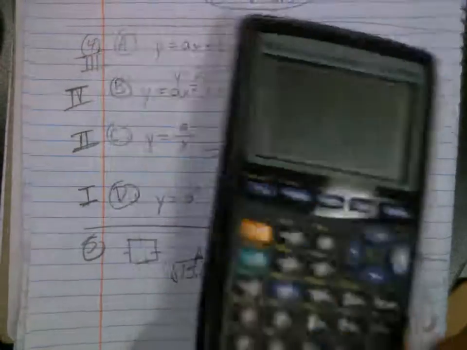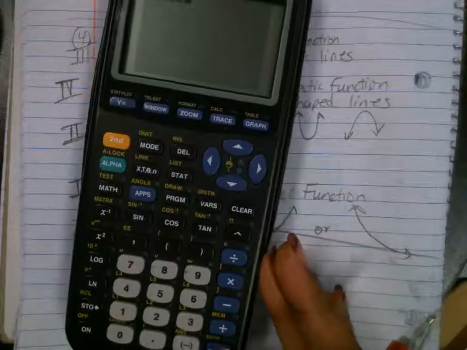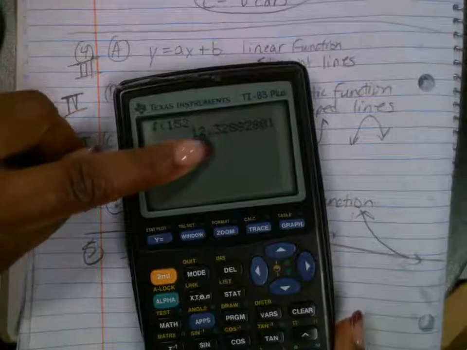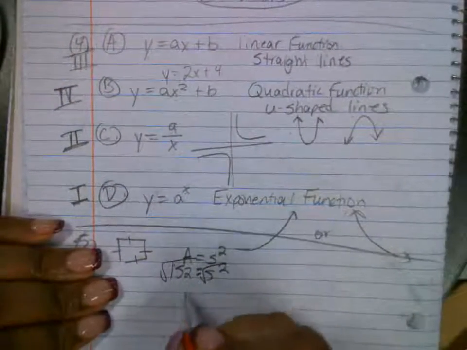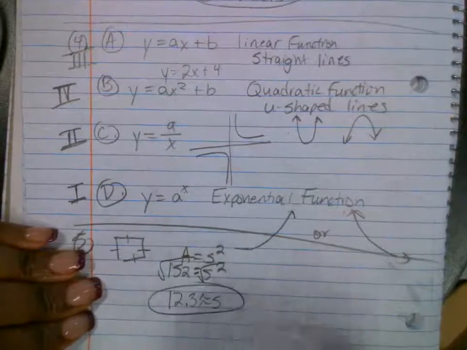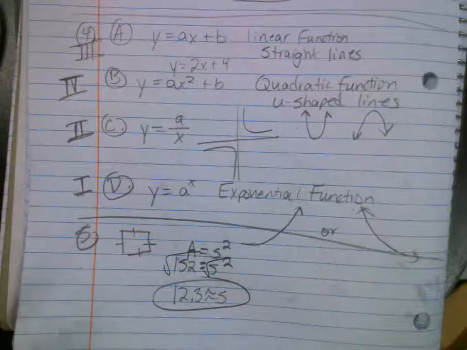Square root, and then type in 152. And what does that give you? About 12.3. So each side is about 12.3.